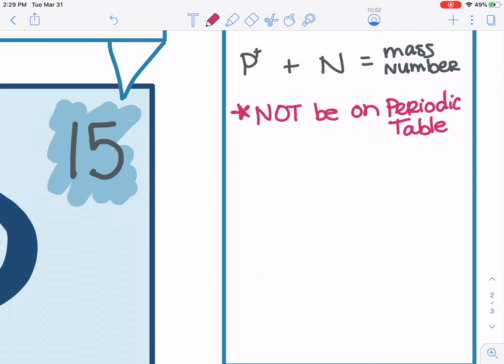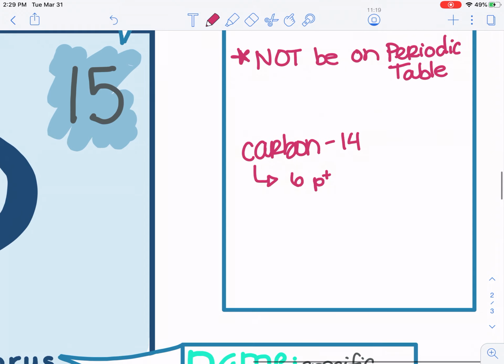We can subtract. So, for example, if we have an atom of carbon-14, which is a version of carbon, it's the less common version, we know that carbon-14 has 6 protons because it has an atomic number of 6, which you can find out by looking on the periodic table.